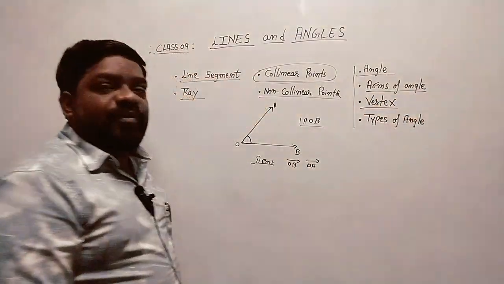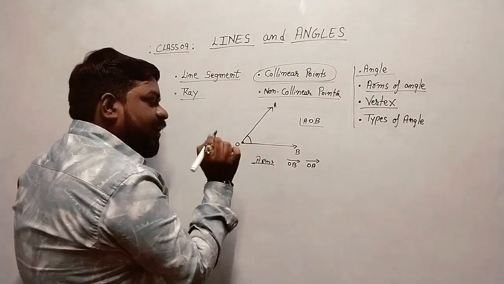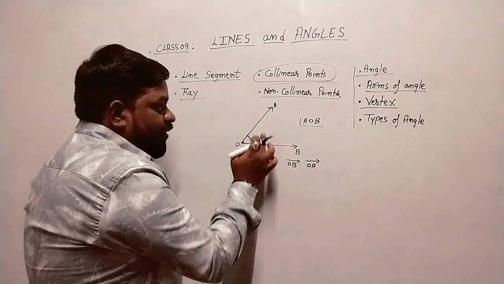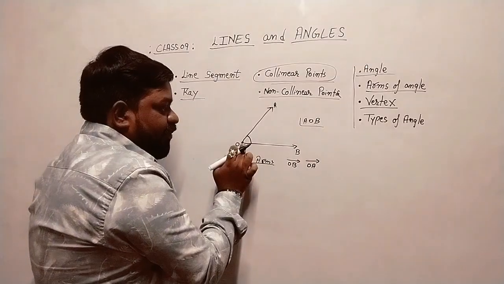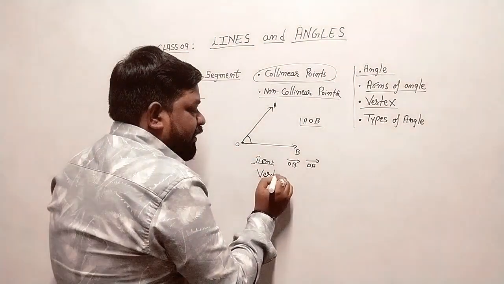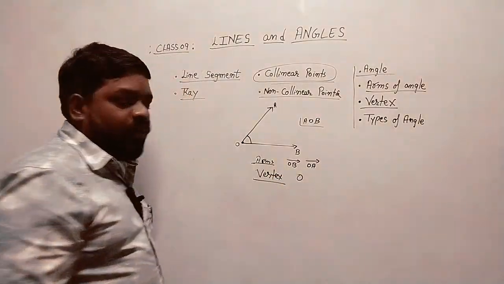Next, vertex. Vertex is the point where two rays meet. So these two rays are originating from the point O. So the vertex for this angle is O.